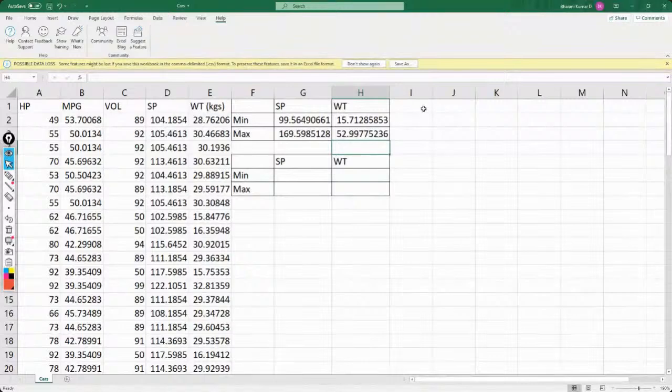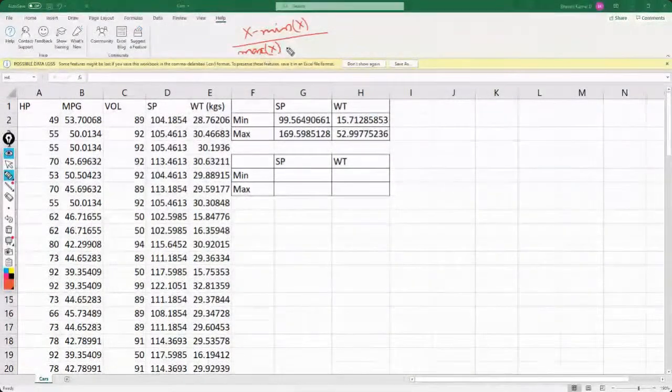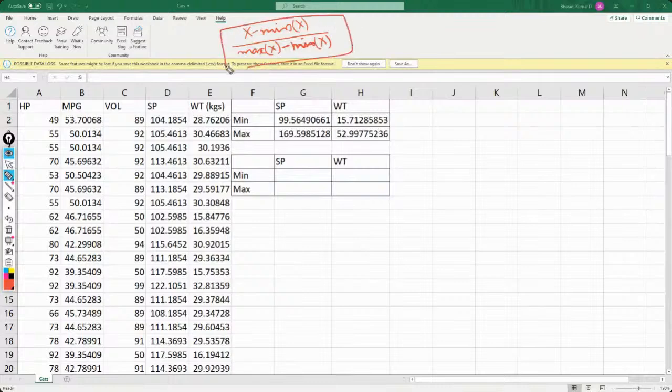Now, what is the formula? Formula is x minus minimum value divided by maximum value minus minimum value. Simple. So let's apply this formula for top speed. Again, the formula is the same.